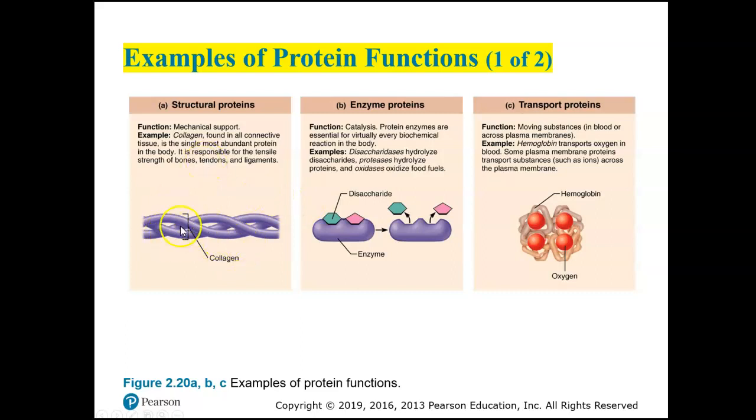This is a picture of collagen, which is a structural protein. Collagen is responsible for the strength in the dermis of our skin. Collagen is responsible for the flexible strength of bones.